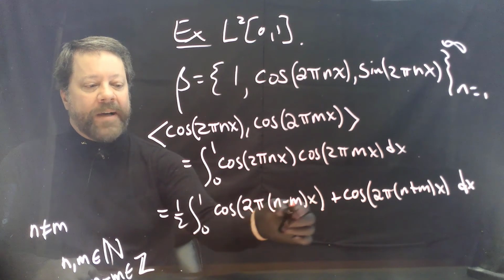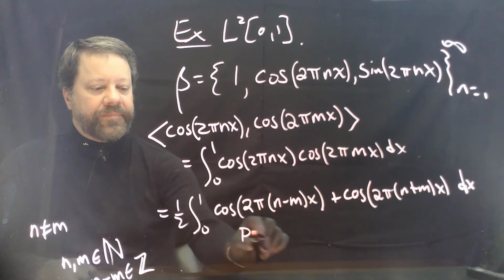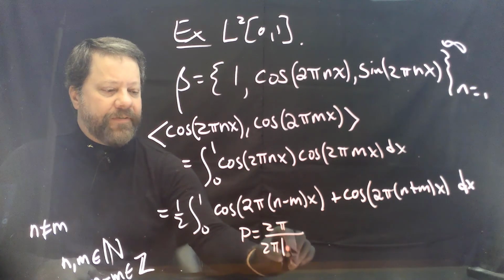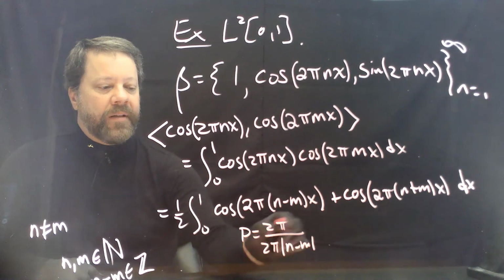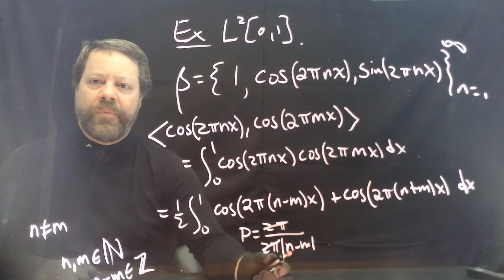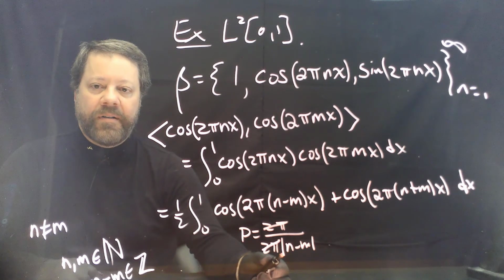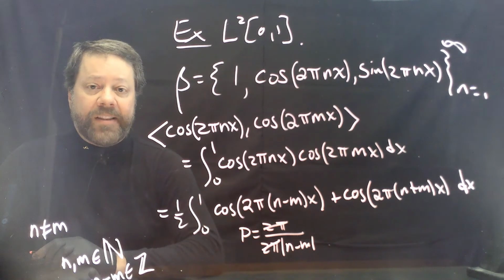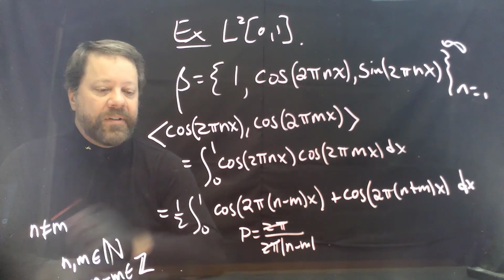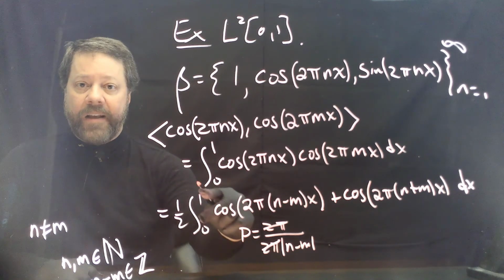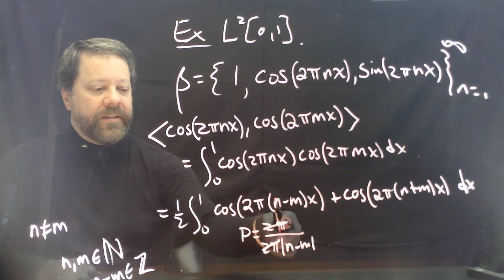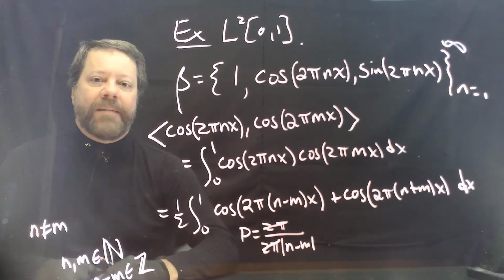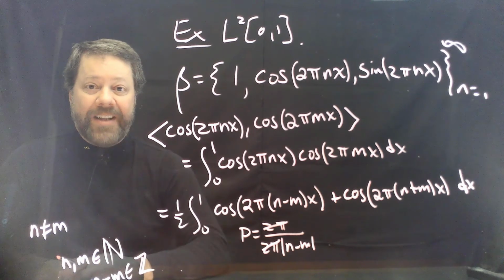So what about the period? It'll be 2 pi over 2 pi times the absolute value of n minus m. Well, this gives us an integer number of periods within the interval 0 to 1, because again, to calculate the number of periods that you cycle through between 0 and 1, you take the length of the interval and you divide by the period. 1 over 1 over inverts and gives you the absolute value of n minus m periods, which is an integer number.